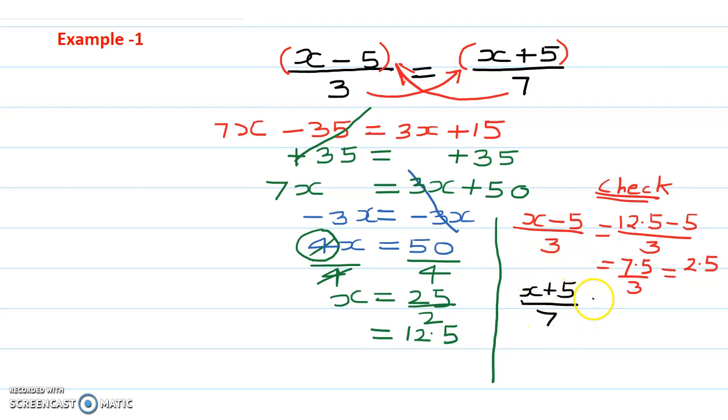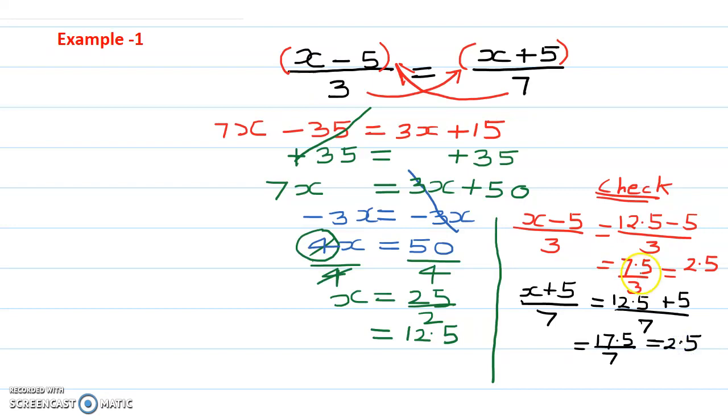If you put x as 12.5, it is 12.5 plus 5 over 7. So 12.5 plus 5 will be 17.5, and 17.5 divided by 7 will be 2.5.